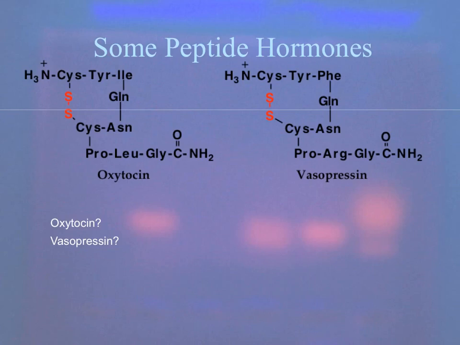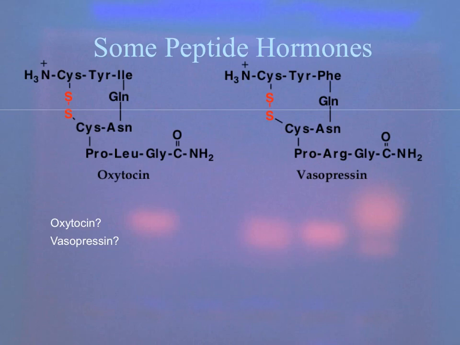I always like to point this one out, because if you look at these two, these are both hormones. One's oxytocin and one's vasopressin. Okay, so what's one difference between oxytocin and vasopressin? One has leucine, and one has arginine.